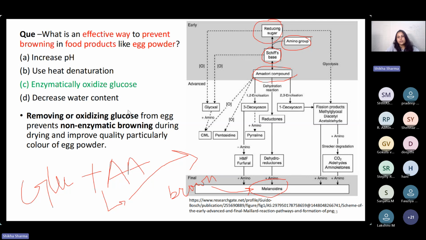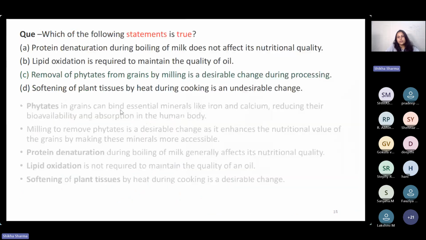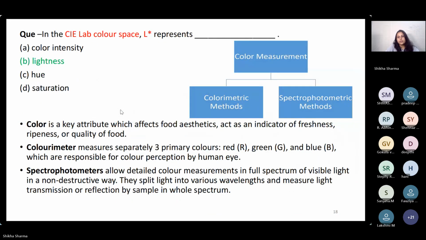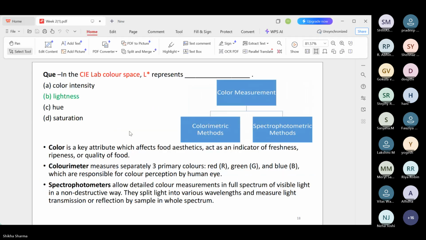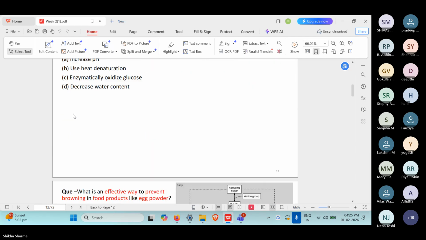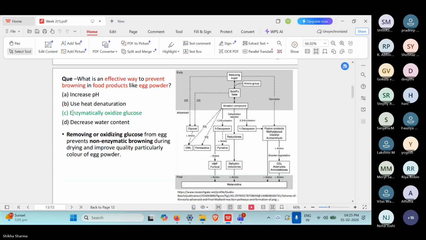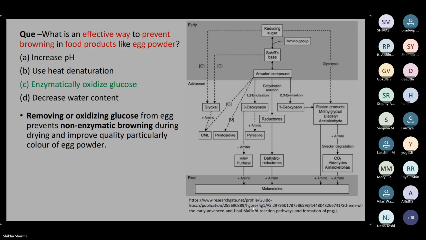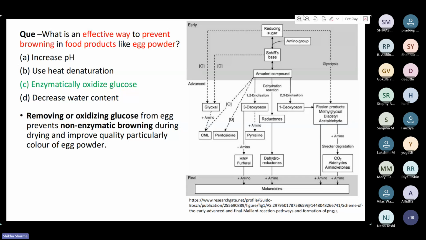To prevent that, we need to remove this glucose which is present in the egg.